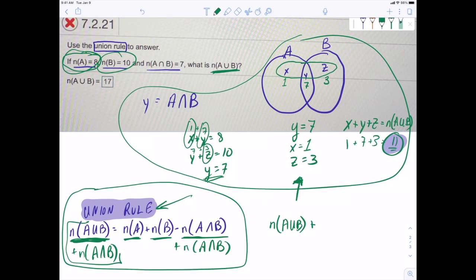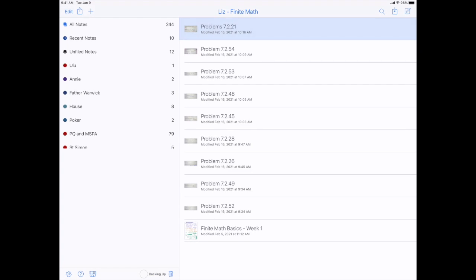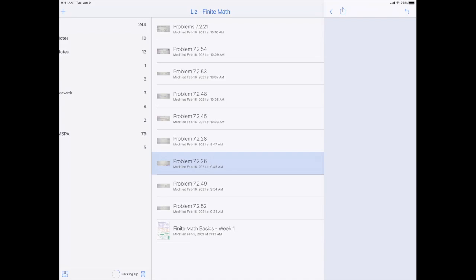If you add these two together, you get the union plus the intersection, and these two will cancel, equals the number of things in A plus the number of things in B. So the union plus the intersection is equal to the number of things in each set, right? Because the number of things in A was 8, the number of things in B was 10, the number of things in the union is 11, and the number of things in the intersection is 7. So 18 equals 18. All right, let's move on to number 26.